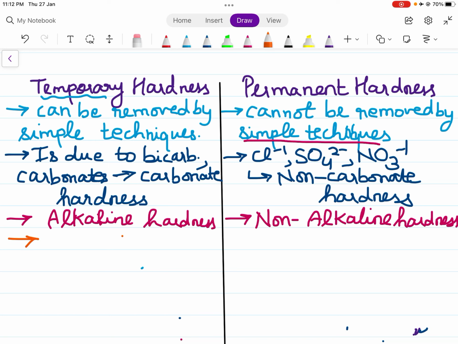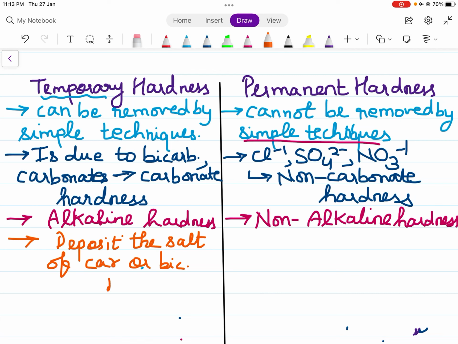So my next point says that temporary hardness will deposit the salt of carbonate or bicarbonate, and CO2 and H2O will be released.